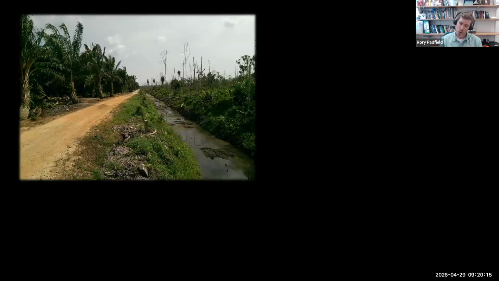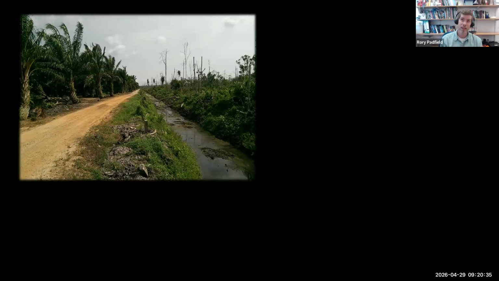So, moving a little bit towards palm oil itself and the industry and some of the issues associated with it. I won't spend too long, but for those that are not familiar with palm oil, on the left-hand side you can see the edge of a plantation. You can see the crop there.